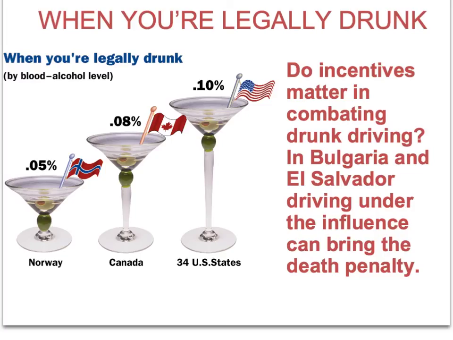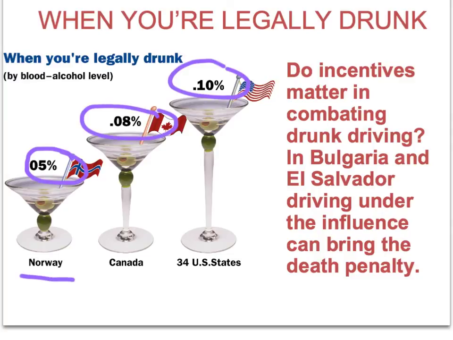Different countries, even different states, have different driving under the influence limits, based on blood alcohol content. Where it's lower here in Norway, you're going to see fewer people driving drunk, whereas in the U.S. it's double the amount of blood alcohol content. And if you had, like I said, life in jail for a drunk driver, in Bulgaria and El Salvador, you can get the death penalty. So we don't obviously see much driving under the influence.